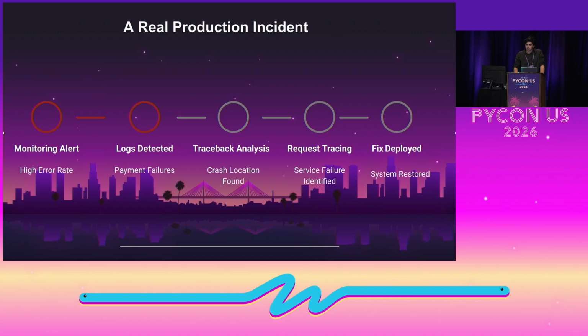Now the engineer checks the logs and finds out that the errors are mostly in payment. Then he uses traceback analysis to find out where the payment failure is actually happening. Is it because the API slowed down, or is it because the database crashed? Then he uses tracing, and when he identifies the service failure, he fixes it and deploys it again.